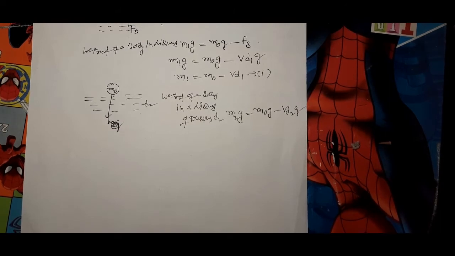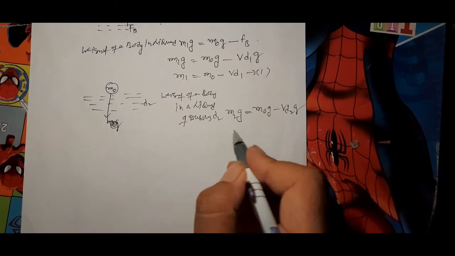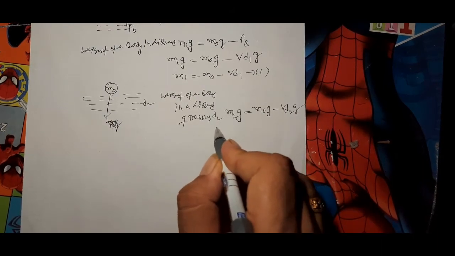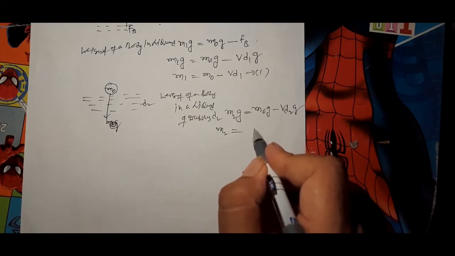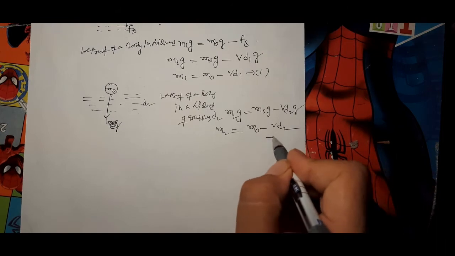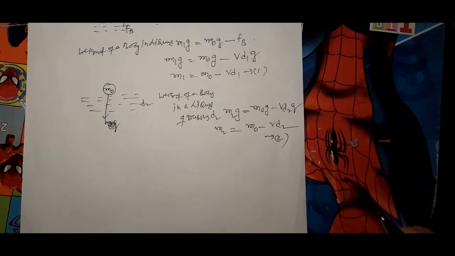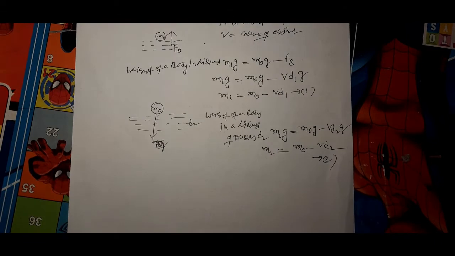Taking g common, m2 is equal to m0 minus V d2. This is equation 2.